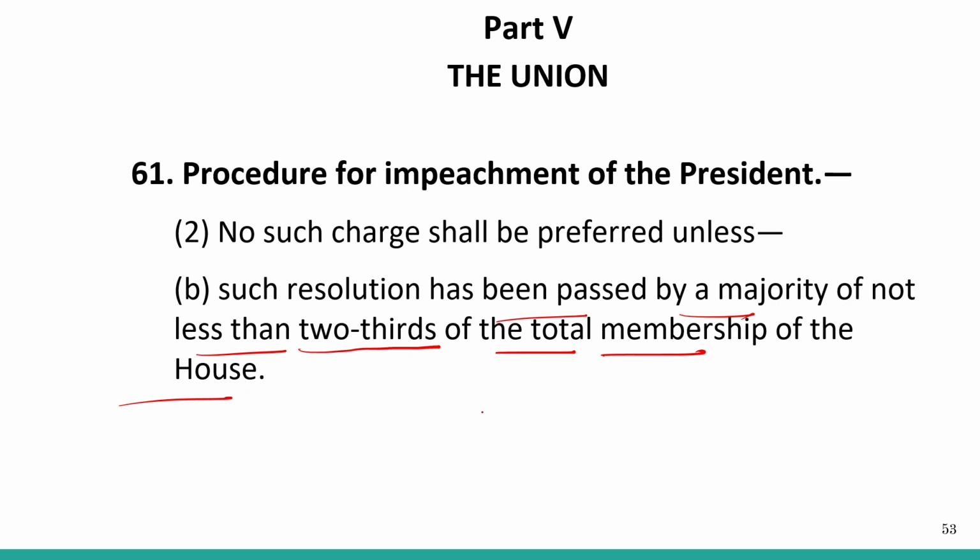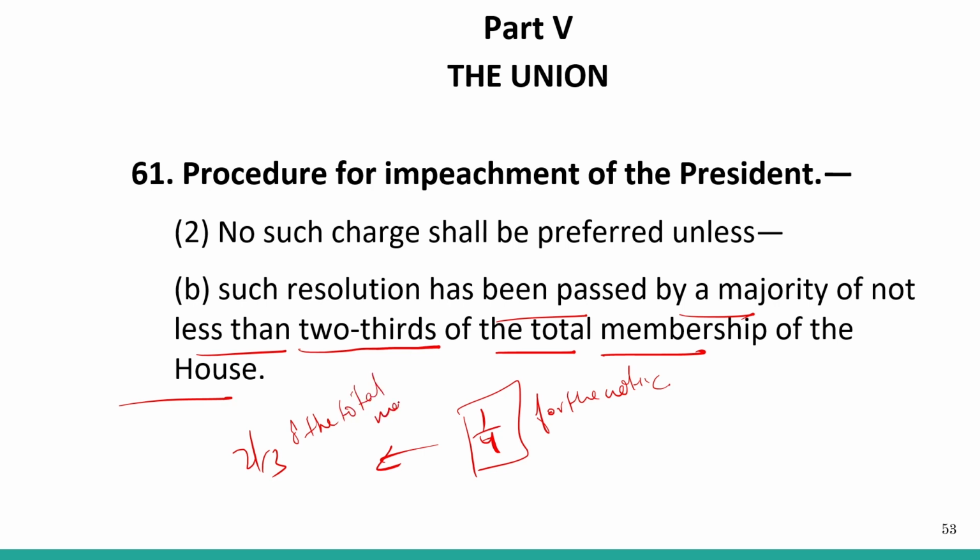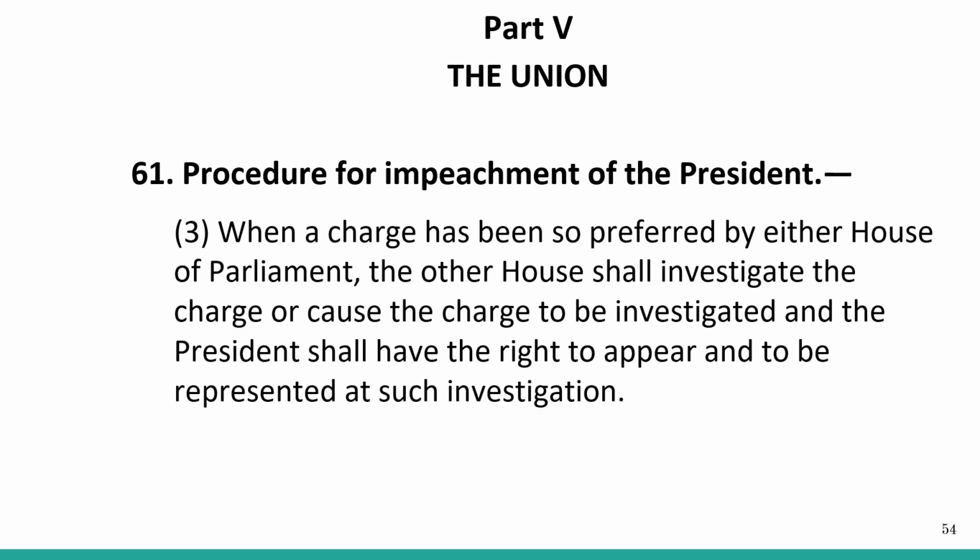So, one-fourth for the notice, and in order to proceed on that, it is required that two-thirds of the total membership accepts that this particular resolution needs to be passed. So, first is one-fourth and second is two-thirds.